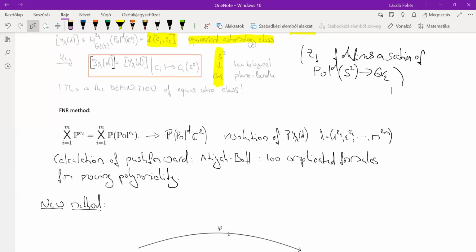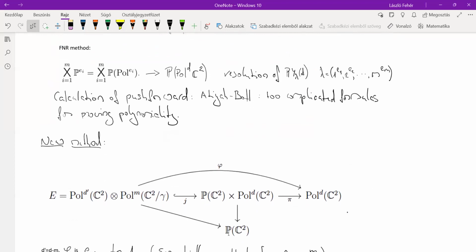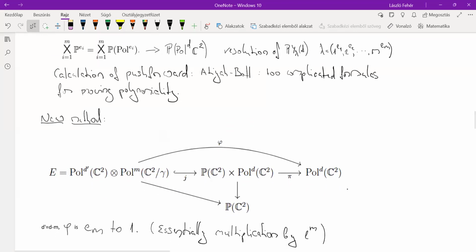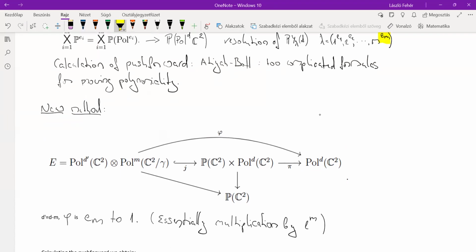And the new method was finding another resolution. In fact, it's not exactly a resolution, it's a branched covering. So remember that these are the multiplicities. e_m is the number of points with the highest multiplicity m. Don't get scared of this resolution.